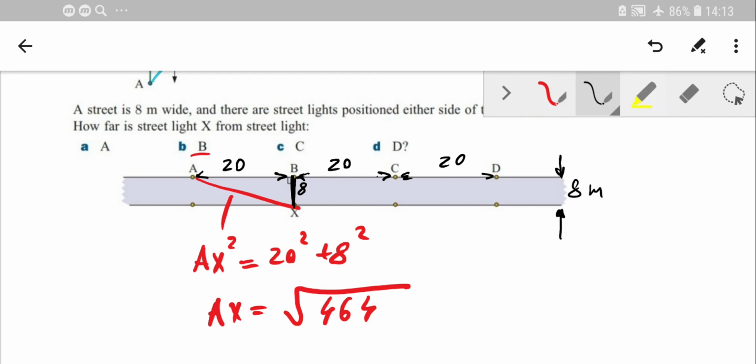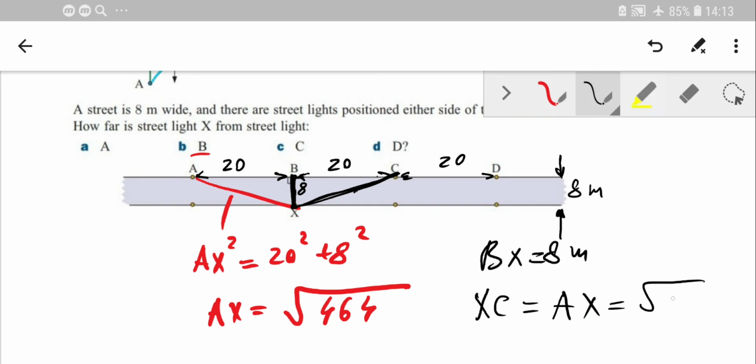Because it's just the width of the road. So BX is 8 meters. Okay, so next one from C. This segment is the same as AX, so XC is the same distance.